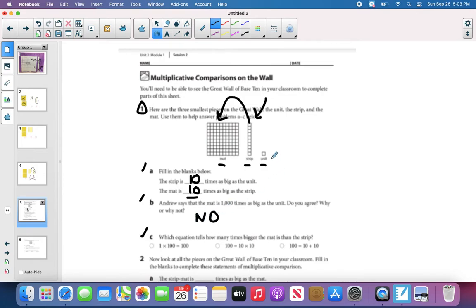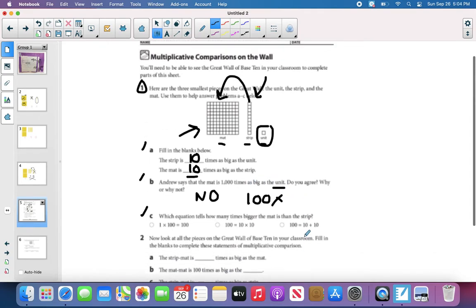Because if you think about it, Andrew says that the mat, here's the mat, is 1,000 times as big as that little unit. Really, it's 100 times as big as the unit. Because 100 units would make a mat. 10 strips would make a mat. But here he compared the units to the mat.